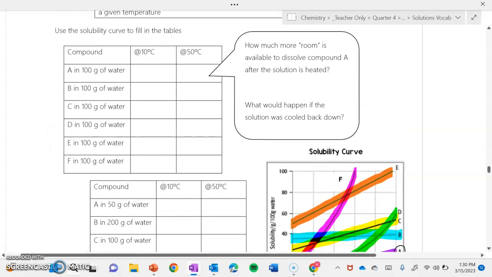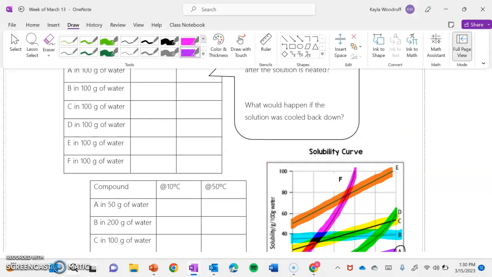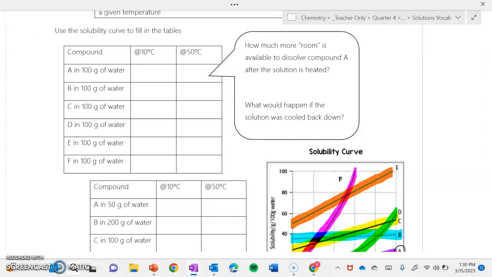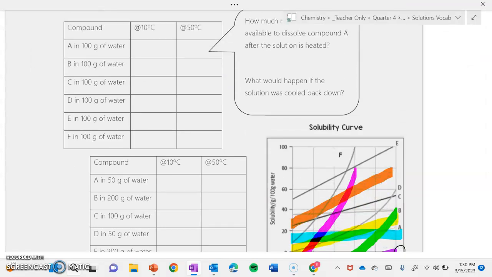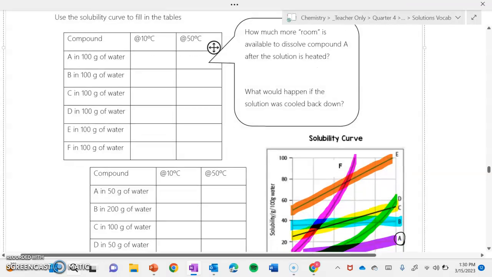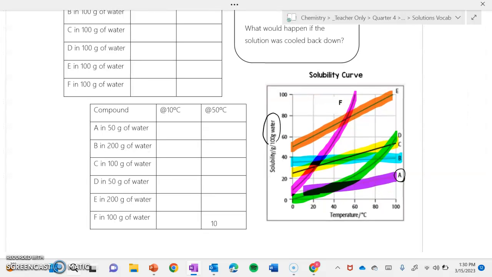So using the solubility curve, let's fill in the table. And a couple of things to note about using a solubility curve is that when we are reading one, notice on the y-axis here, we have 100 grams of water as our kind of default amount of water for this solution.